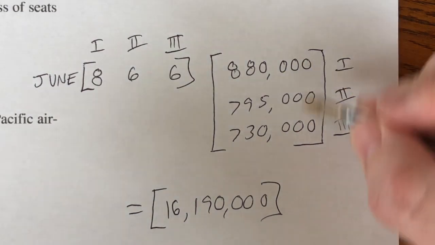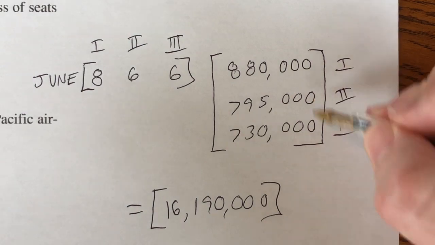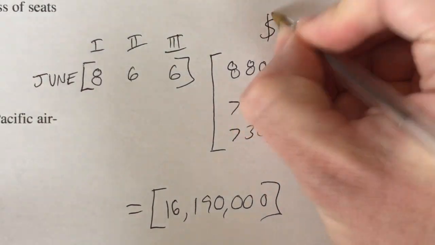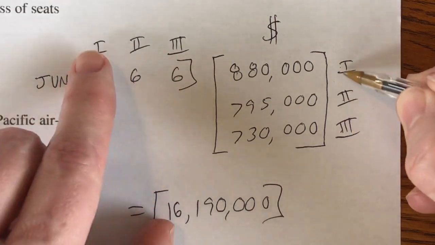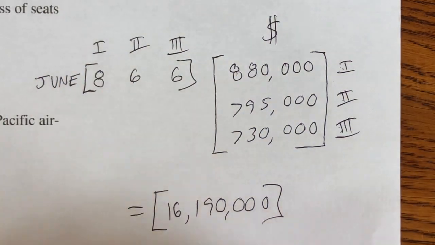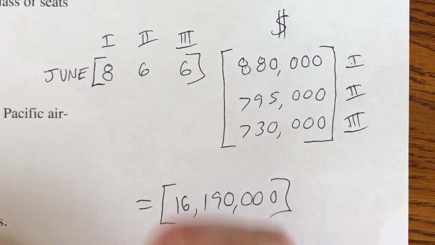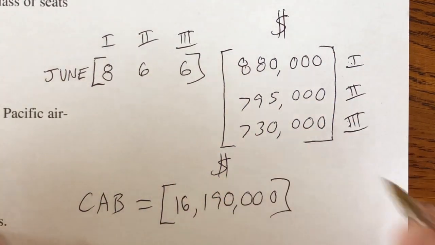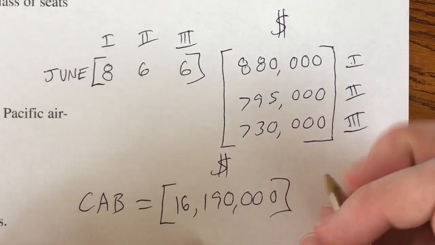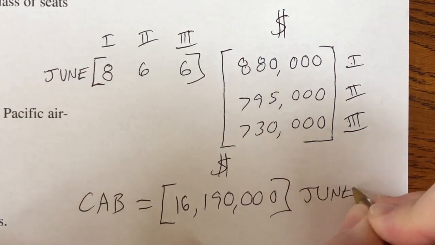So in other words, this is like revenue per flight type. So that's why there's a dollar amount on top. And again, do you see how these units are aligned here? So that means in our final answer, which is CAB, this product, you're going to get a dollar amount for your column heading and June for your row heading.